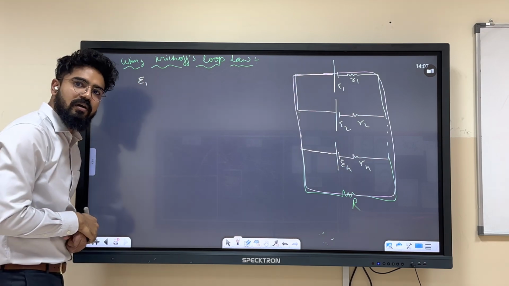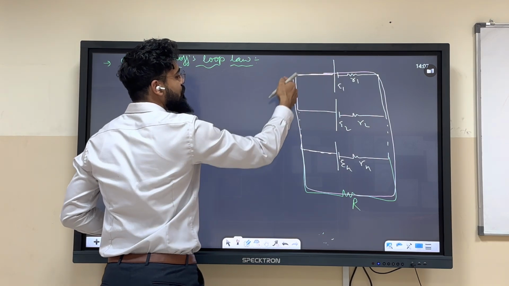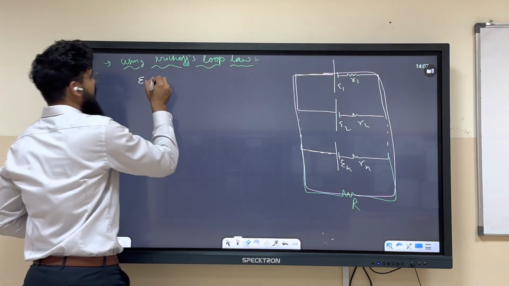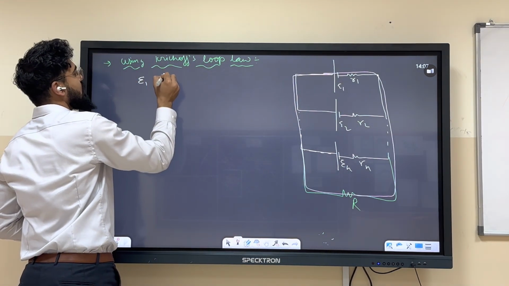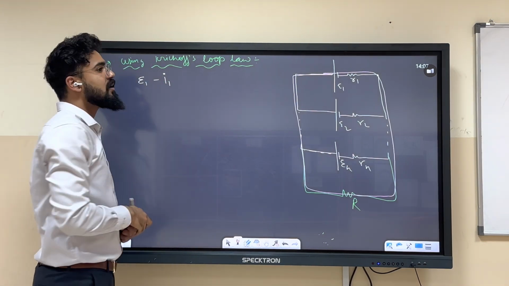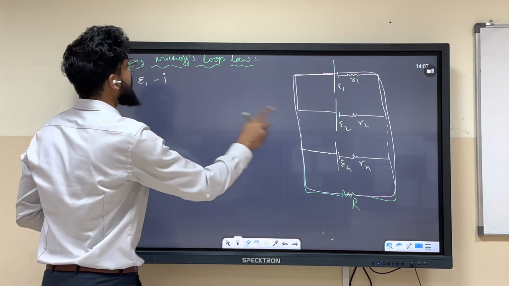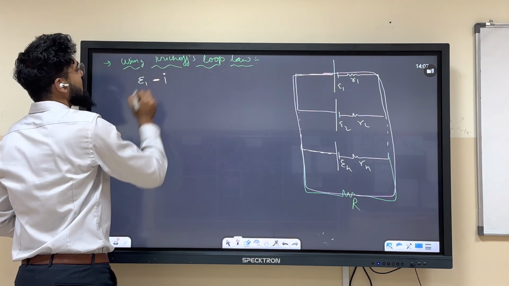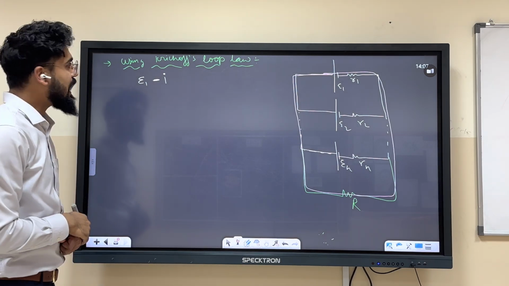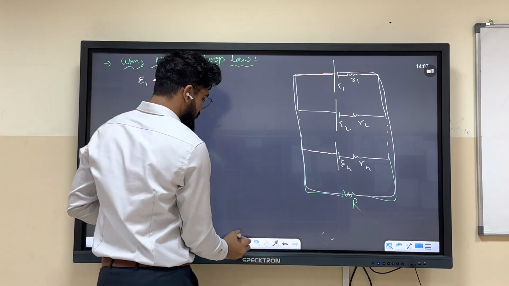Starting from here, E1 minus I R. Here, what current is flowing?